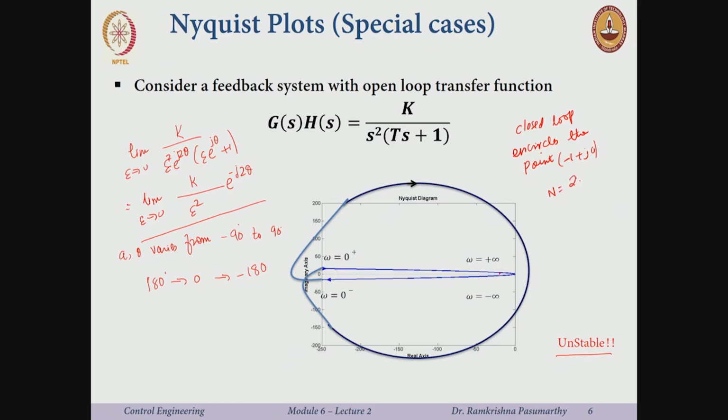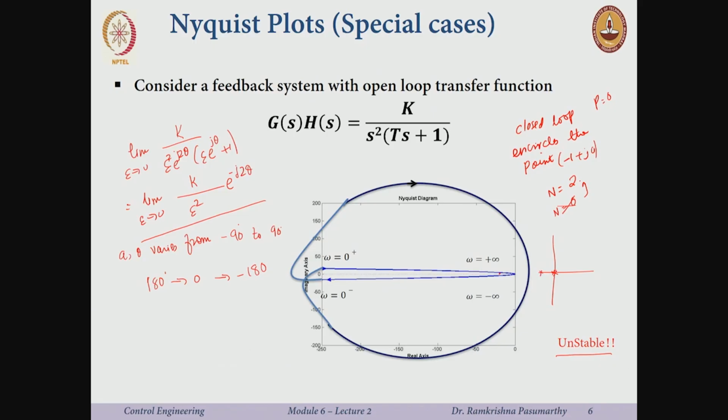Now, how many open loop poles are in the right half plane? Well, that answer is p equal to 0, and if the system were to be stable, what we need is n equal to 0. Now, n is not equal to 0, n instead is 2, therefore, the closed loop system is unstable. We could also look at it from the root locus. If I just plot a quick root locus for this, I have 2 poles here and 1 pole somewhere here.